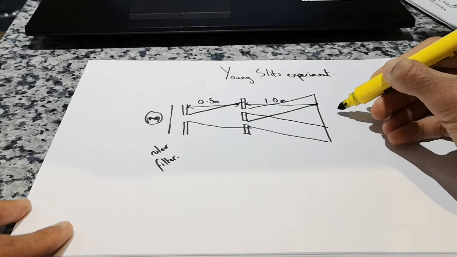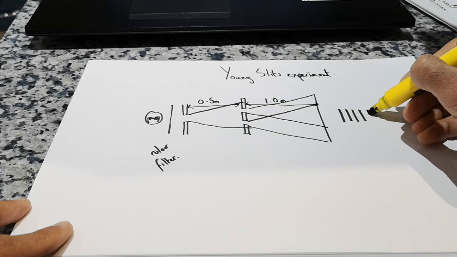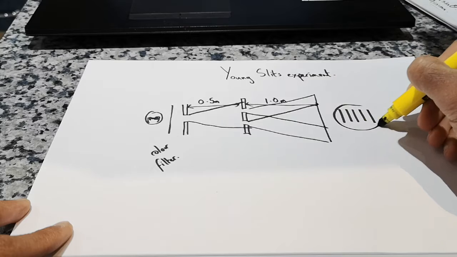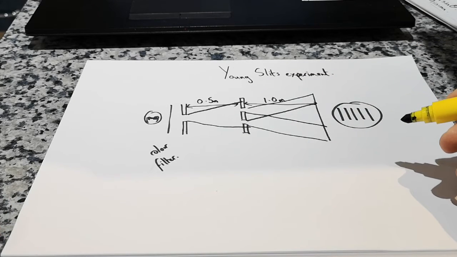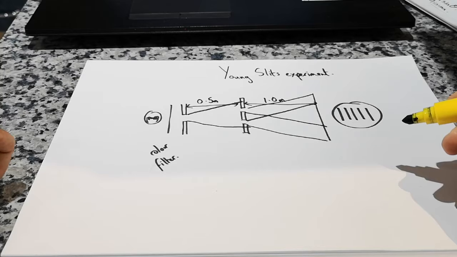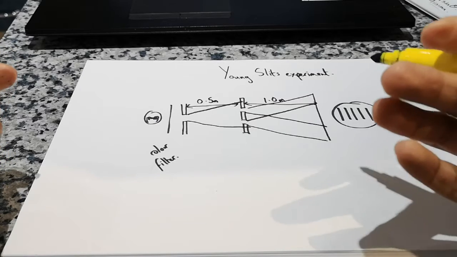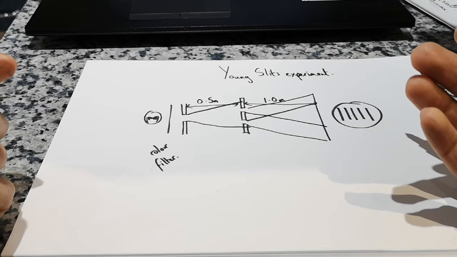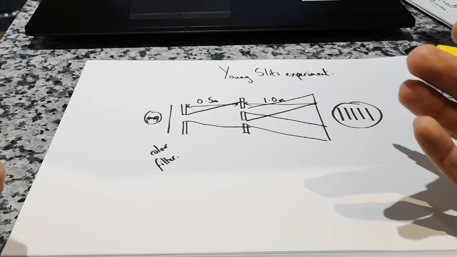And what this did is it created a pattern of dark and light fringes. This is a way of showing how a wave is essentially made up of tiny particles, but we're also able to show that the properties of reflection and refraction can come into play here.